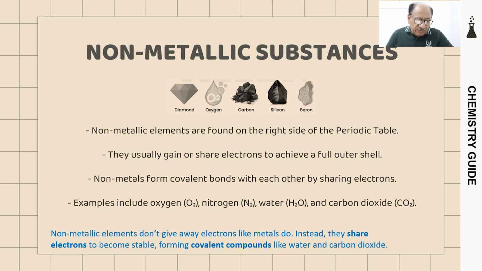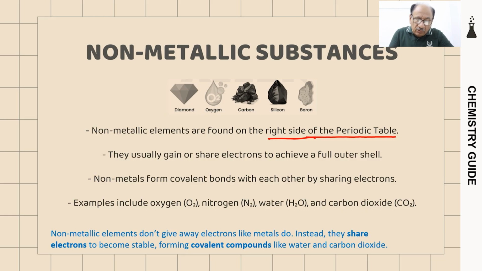Non-metallic elements are found on the right side of the periodic chart. From the right upper corner, metallic character is decreasing. On the left side, metallic character is increasing. So non-metals are all on the right upper corner side.